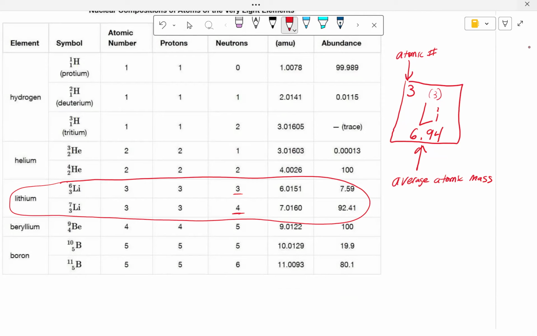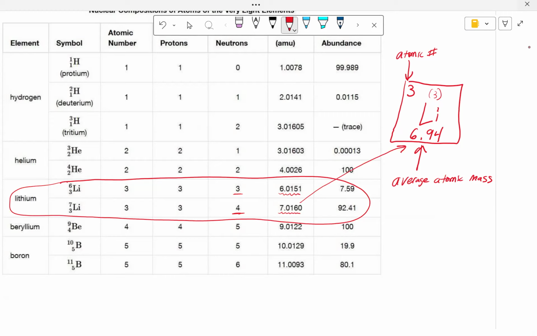Now, the atomic mass, if it were to have 3 neutrons, is this value here. And if it were to have 4 neutrons, its value is a little bit higher. Neither of those two numbers matches up exactly with the average.